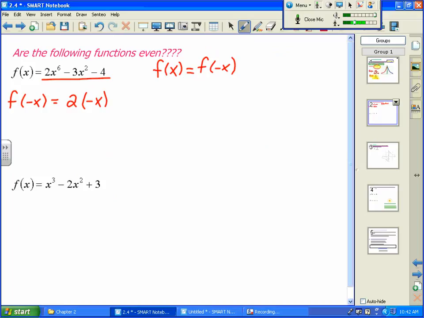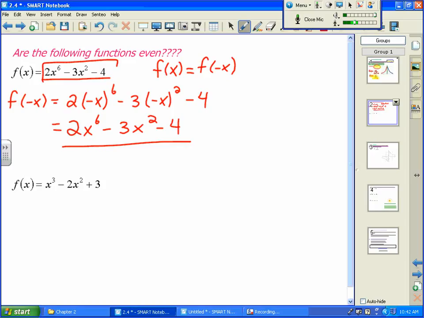So I get 2 times negative x to the 6th, minus 3 times negative x squared, minus 4. Simplify: 2 times x to the 6th stays, minus 3 x squared stays, minus 4. You can see that this is the same as the original, so therefore it is an even function.